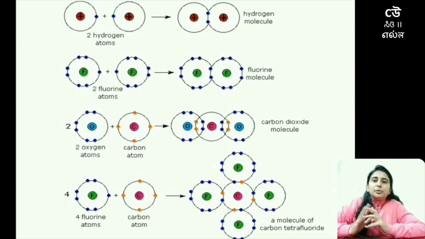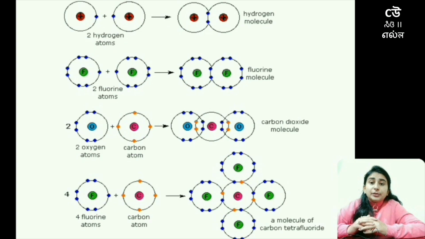So here, students, we have been given different examples to show how we can figure out how many types of bonds there are between different elements. In case number 1, we have hydrogen molecule. Since just one pair of electrons is being shared, it is a single covalent bond. Same goes with fluorine, single covalent bond.